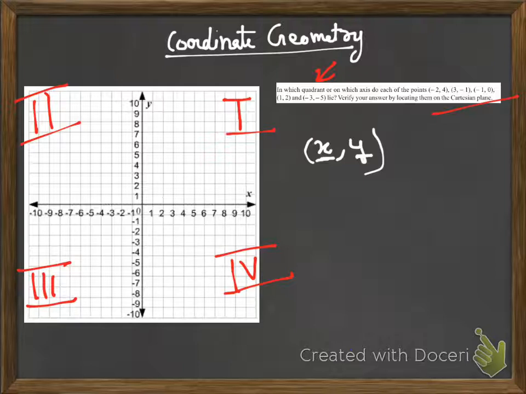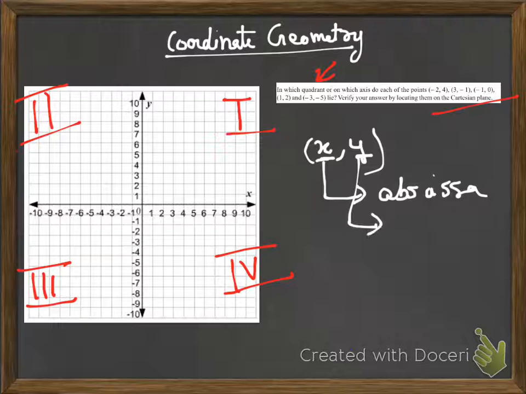The x coordinate is also called the abscissa, while the y coordinate is called the ordinate.